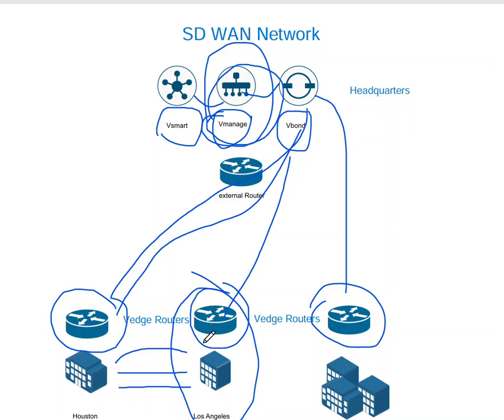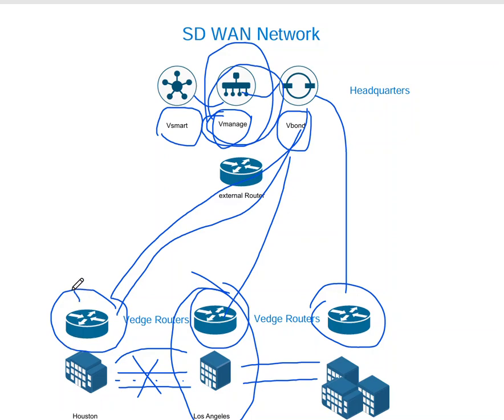There are many ways for one side to connect to the other side, and that depends on the infrastructure that we have. For example, between Houston and Los Angeles, we might have a private MPLS connection, or there might be no dedicated connection between these two sides.